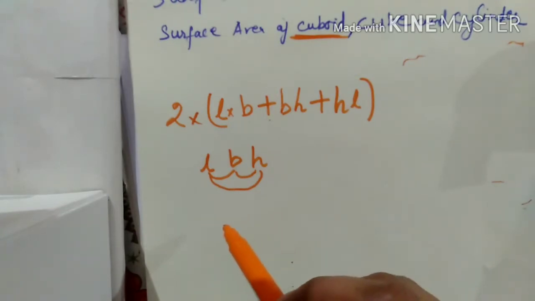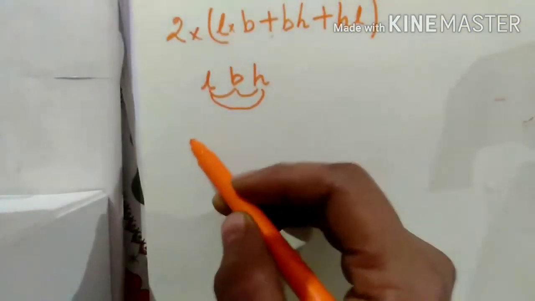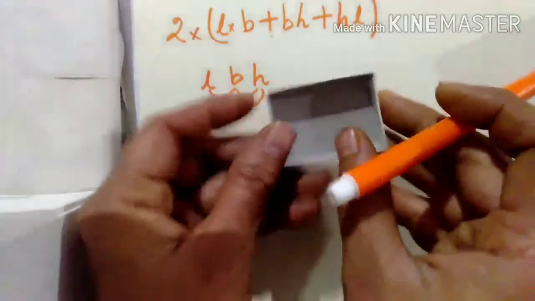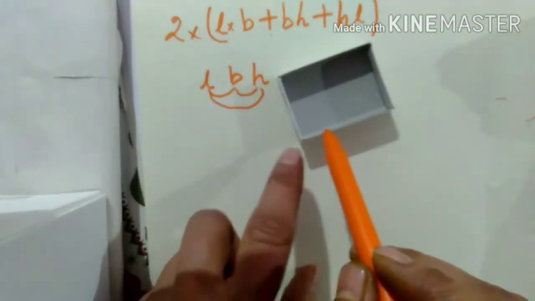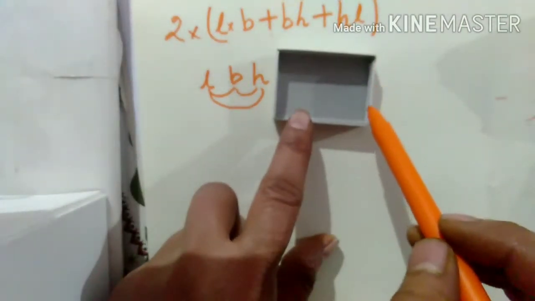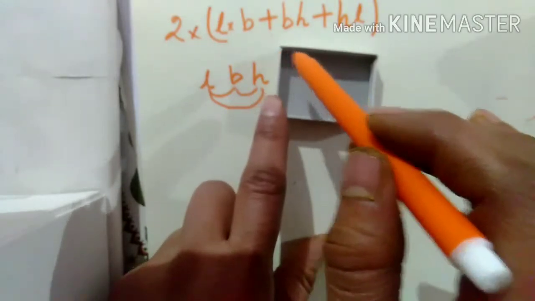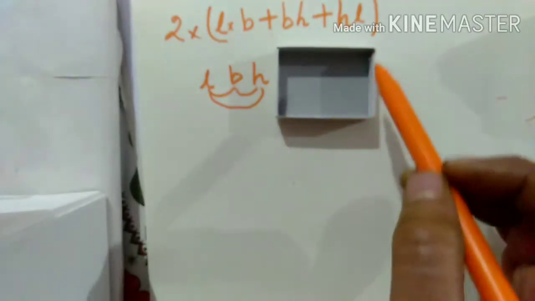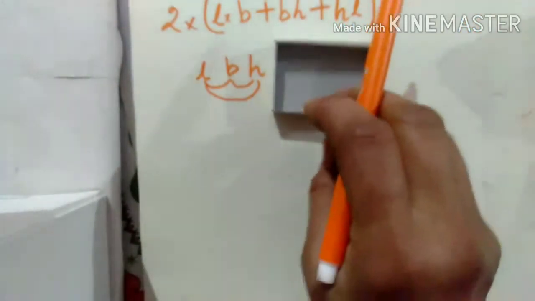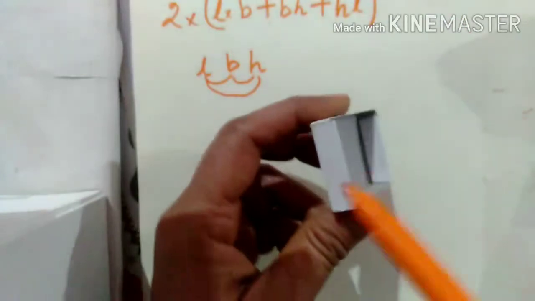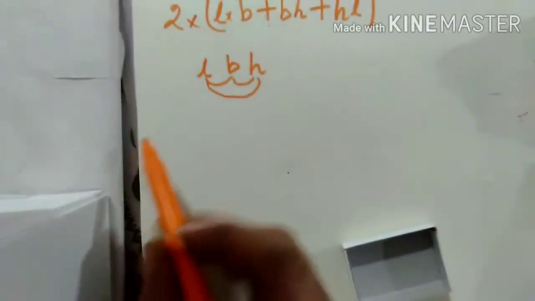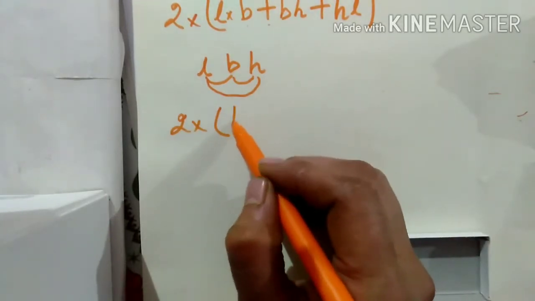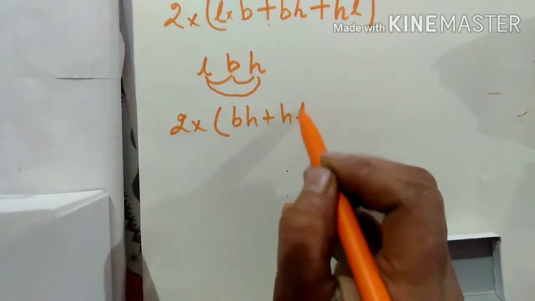So when we find the area of 4 walls, take this as length, this as breadth and this as height. Area of 4 walls means this face is left out, the face where length into breadth is the area. The remaining 4 areas are 2 into BH plus HL.